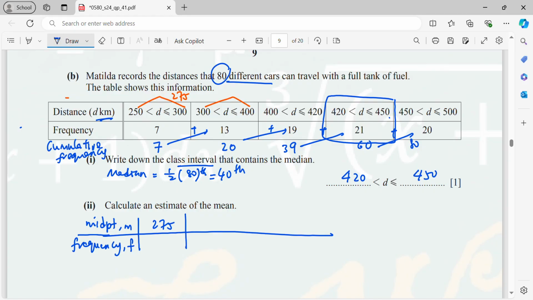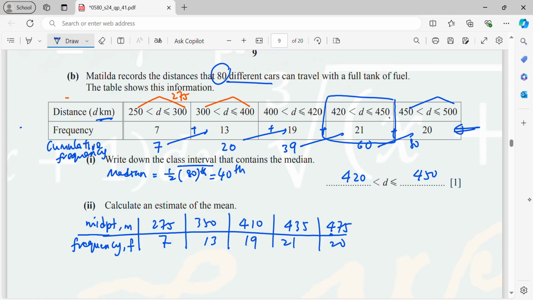The next one, 300 plus 400 divided by 2 is 350. 400 plus 420 divided by 2 is 410. 420 plus 450 divided by 2 is 435. And 450 plus 500 divided by 2 is 475. Then copy the frequencies: 7, 13, 19, 20, and 21.